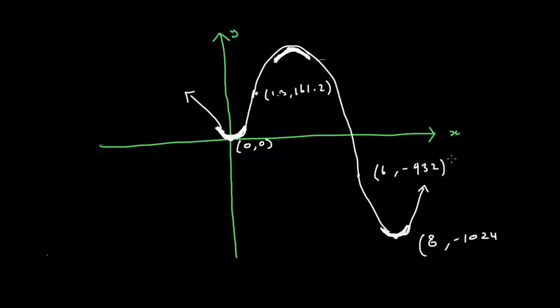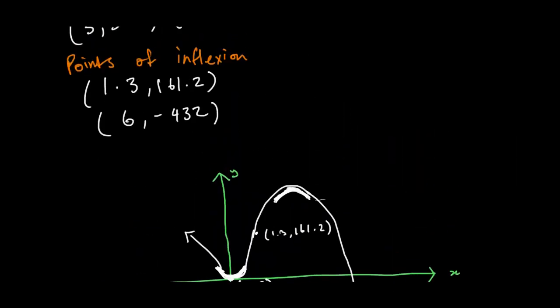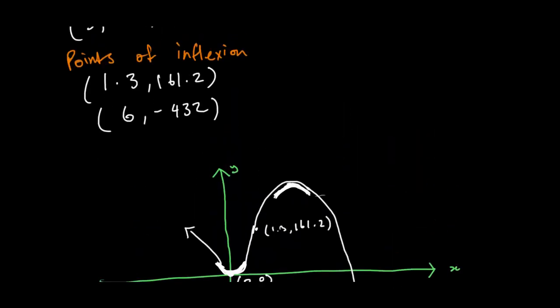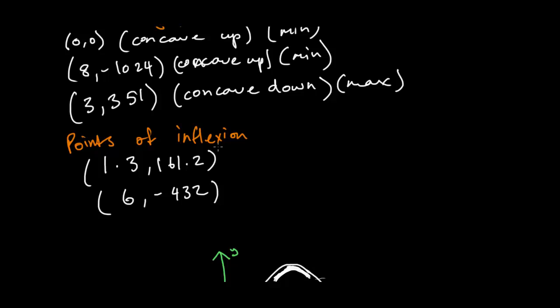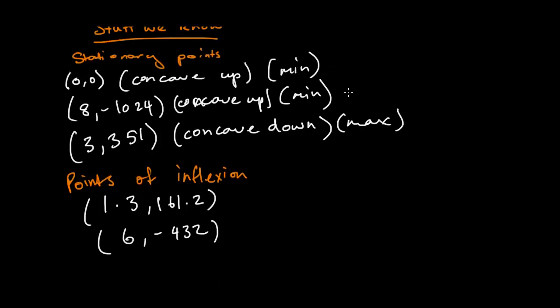You should be getting 4 marks for this as long as you've labeled your axes, you've written out all your points, and you've shown that these are the points of inflection, and that you have all the stationary points on there as well. The main thing the question was asking for was showing all turning points and points of inflection. So you know that all points of inflection are these, and all turning points pretty much these.